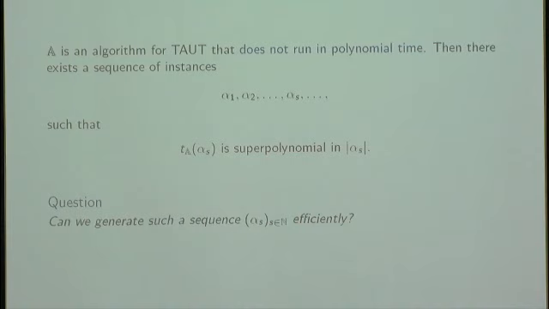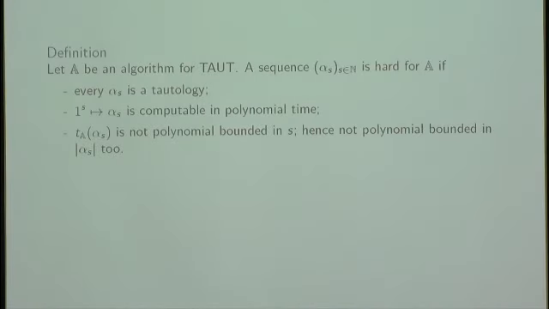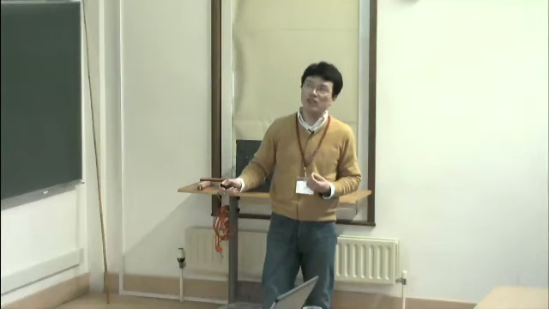But as in many results in complexity theory, we are not only interested in the existence of these objects, we want to find out whether we can generate such instances efficiently. So this motivates the following notion of hard sequence for an algorithm. Let A be an algorithm for TAUT. A sequence alpha s is hard for A if every alpha s is a tautology, so alpha s is a yes instance, and second, this sequence can be computed in polynomial time given s in unary.